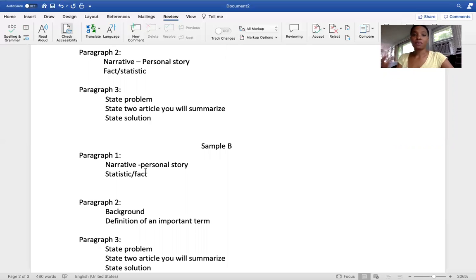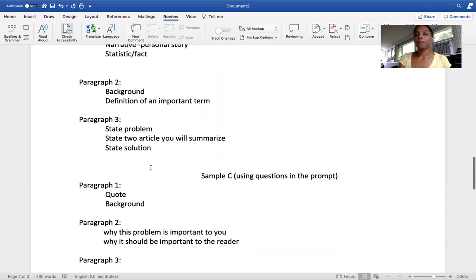And then I'm going to do that statistic or fact. And then for paragraph 2, I'm going to do some background information, and then a definition of an important term. And then paragraph 3 always remains the same, that last paragraph, because this is the paragraph that helps hit the assignment requirements. I have to state the problem. I have to give a brief overview of the 2 articles that I'm going to be summarizing, and I have to state the solution.